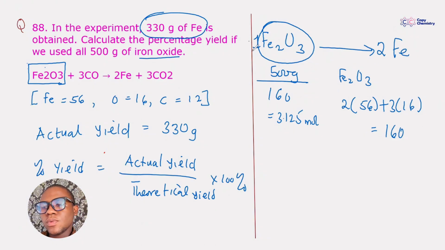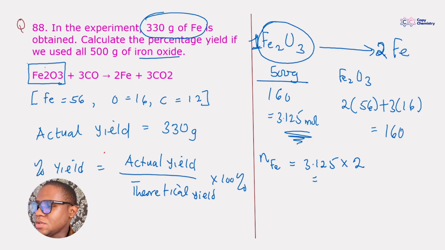Now, since 1 mole of iron oxide produces 2 moles of iron, it means that with our 3.125 mole of iron oxide, it's expected to produce 3.125 multiplied by 2. Yes. So the number of moles of iron that should be produced theoretically would be 3.125 multiplied by 2. Okay? And when you do that, you'd have 6.25.